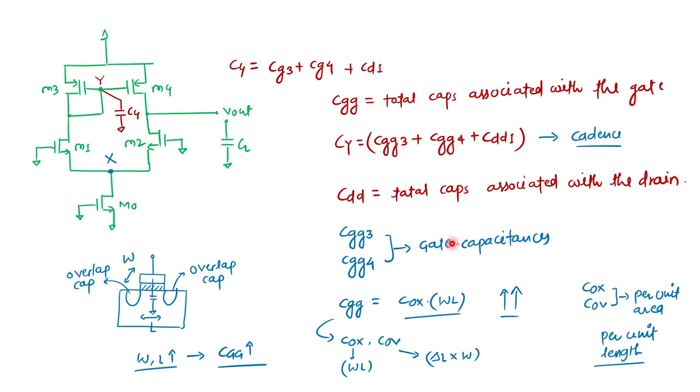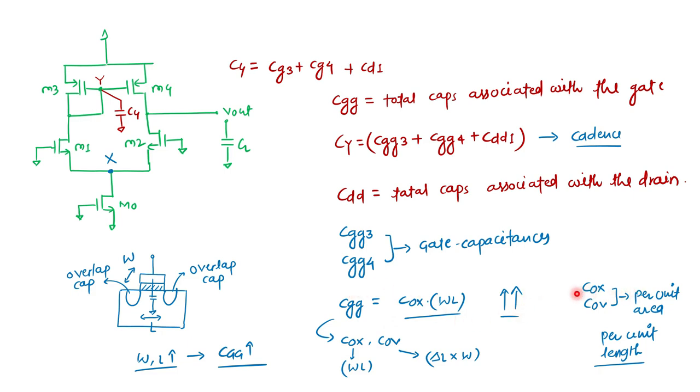The reason is clear, because CGG is formed by terms like the oxide capacitance multiplied by the area, which is WL, and the overlap capacitance multiplied by del L times W. So in general for the device, when W or L is high, there is a large gate capacitance associated with it.